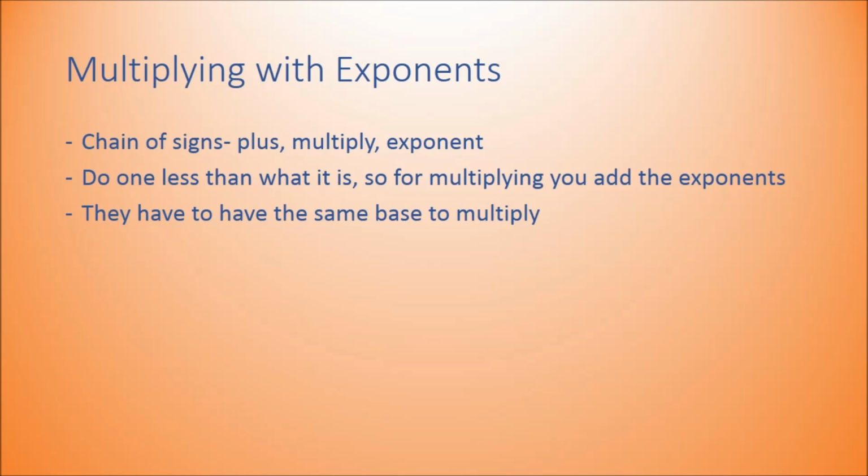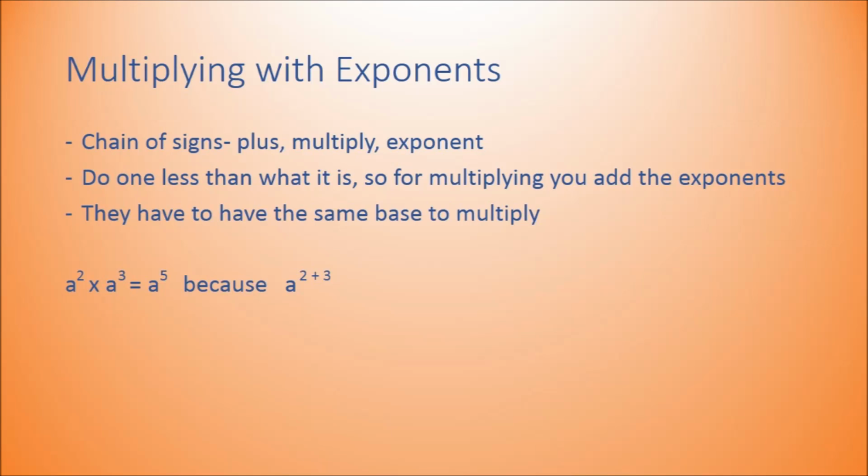And when you have an exponent and you're trying to combine two with the same base, I think of it as doing one less in the chain of signs. So for multiplying exponents with the same base, you add. It's kind of one less in the chain. And these do have to have the same bases like I've already said.